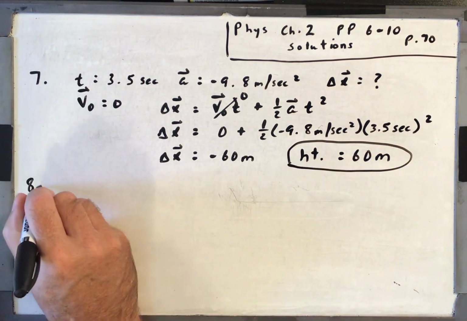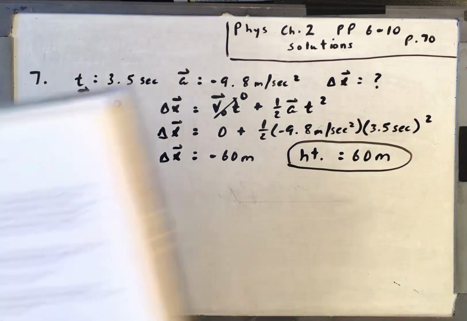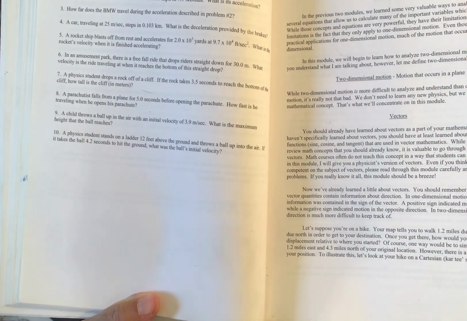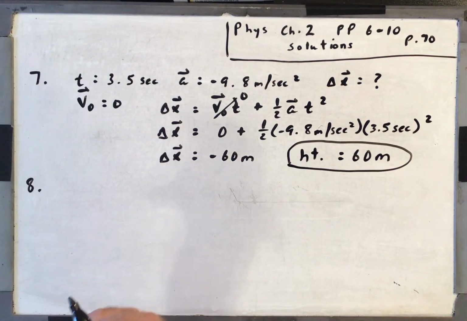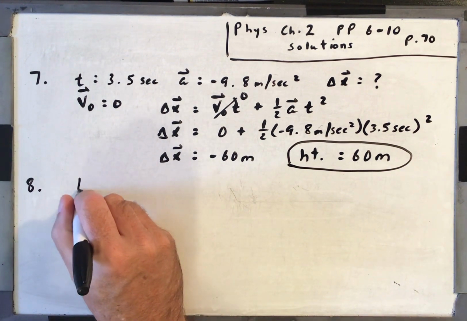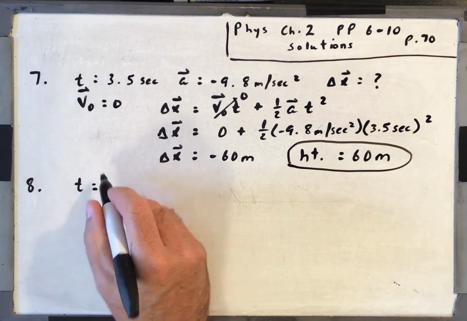All right, I think I can get number 8 on this board. So number 8 says a parachutist falls from a plane for 5 seconds before opening the parachute. How fast is he traveling when he opens the parachute? All right, well, I'm going to work this one in meters. If you worked it in feet, of course, you'd use a different acceleration, but time is equal to 5 seconds.